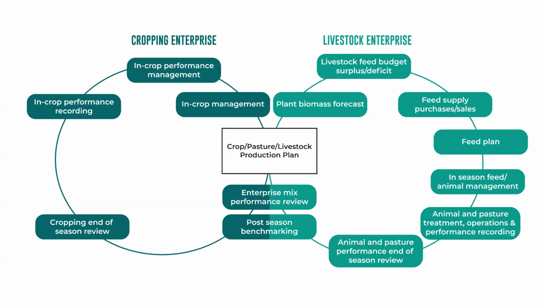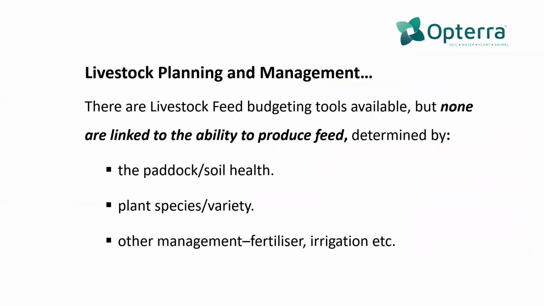They go off into their different loops, if you like, but then come back at the end of season. So it all comes down to performance per 100 mil of rainfall, or per millimetre of rainfall, at a farm and paddock level, whether we're reviewing that as crops and/or livestock. So without getting into the detail of that, I just want to reference there's very much a structure that we're building to behind that.